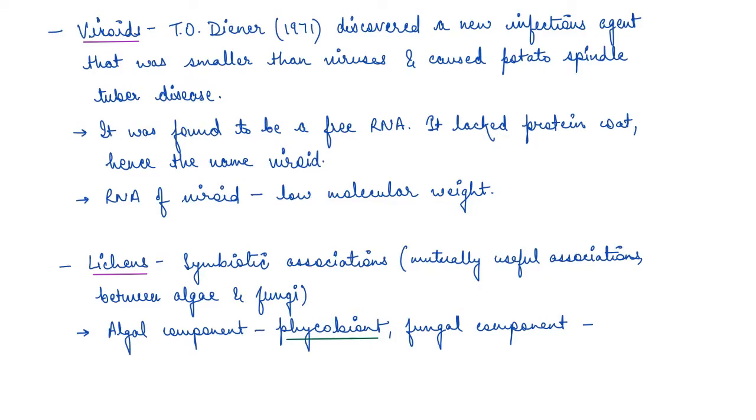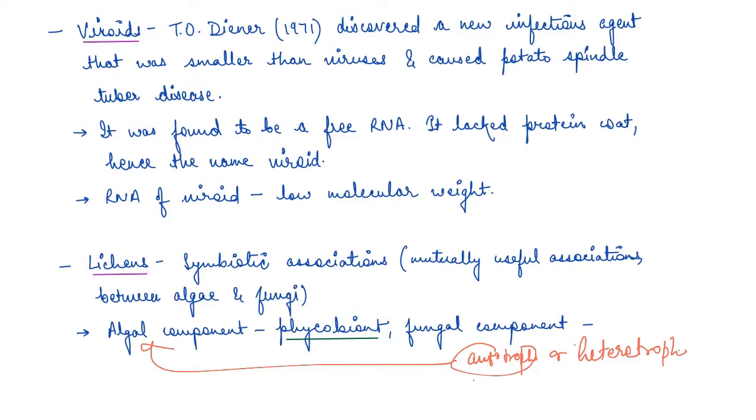Okay, it can be autotrophic and it can be heterotrophic. So always remember that they can be an autotroph or a heterotroph. Basically the algal component is autotroph and the fungal component is heterotroph.